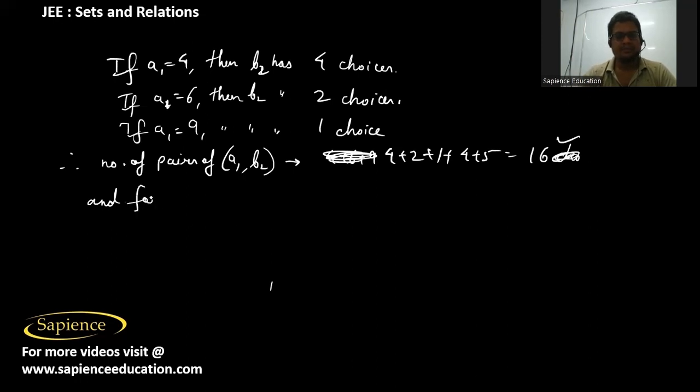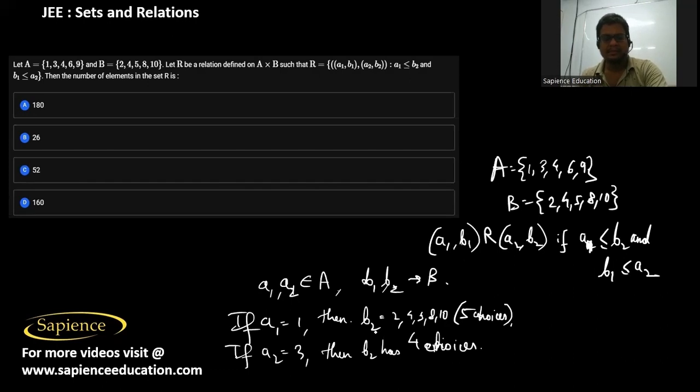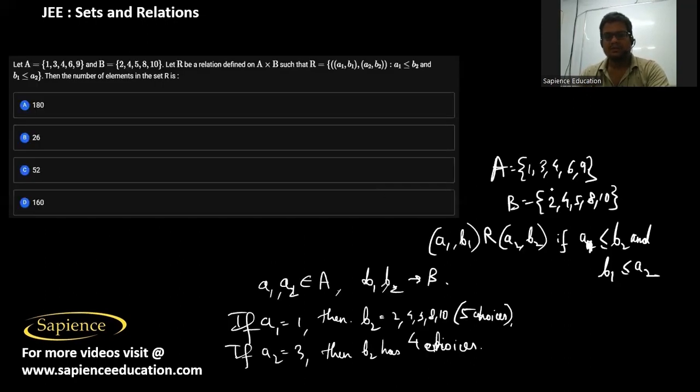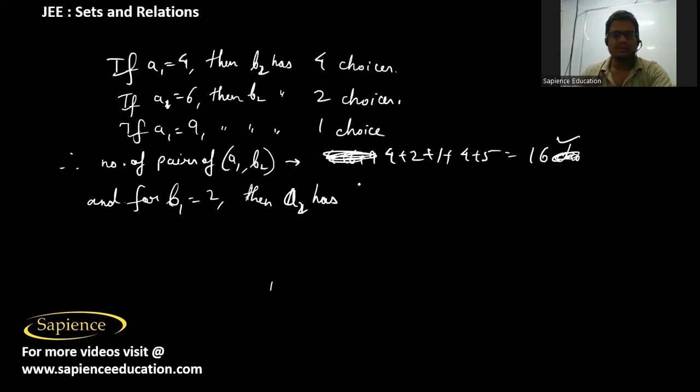And then for a2 and b1, b1 should be less than or equal to a2. For b1 equals to 2, a2 has 4 choices, which are 3, 4, 6, and 9.